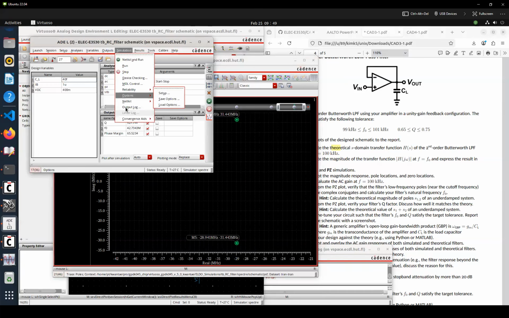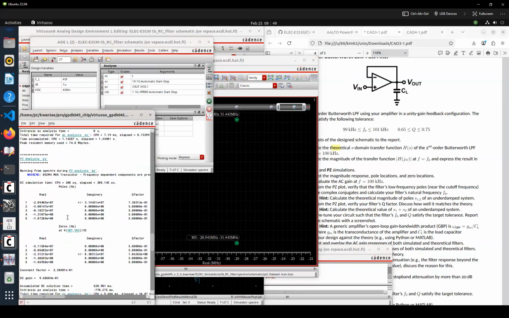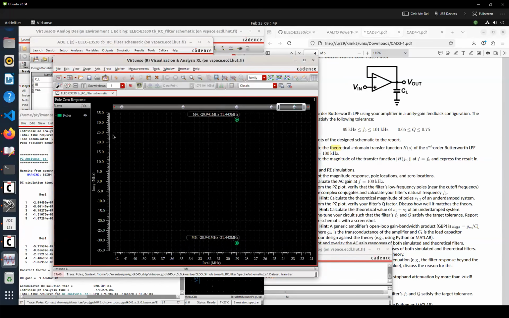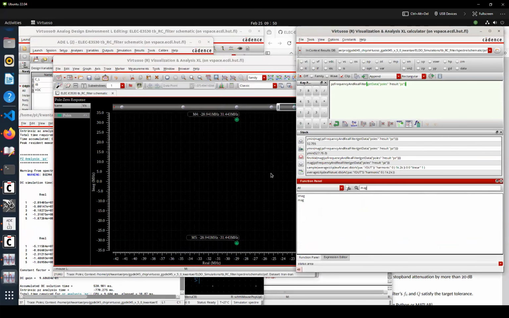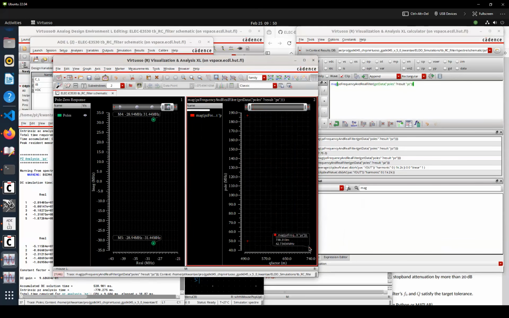Let me see. Log. Yeah, so I think there was some calculation incorrectness. We can do it again. Magnitude. Yeah, it says 0.738.